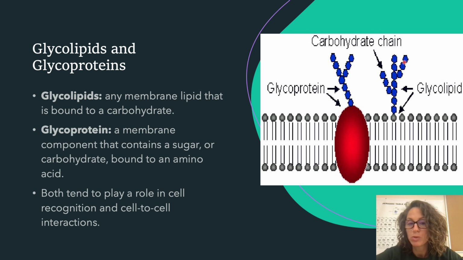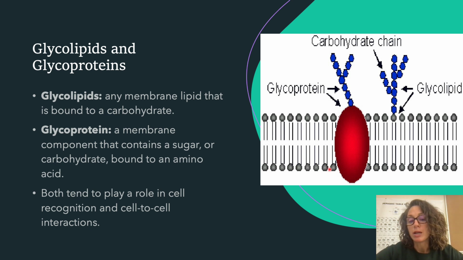That's typically how you will see a carbohydrate represented. We have the glyco part, as in glycogen, a chain of sugars, and the lipid, because it's attached to a lipid.